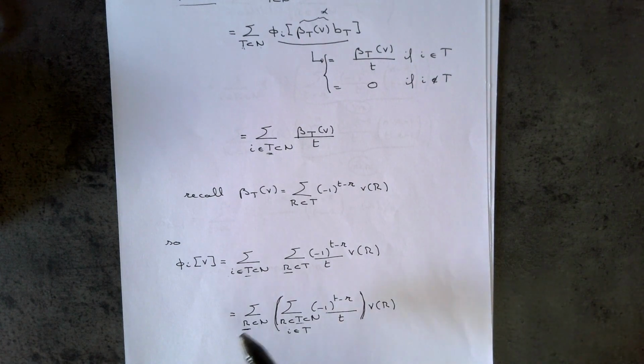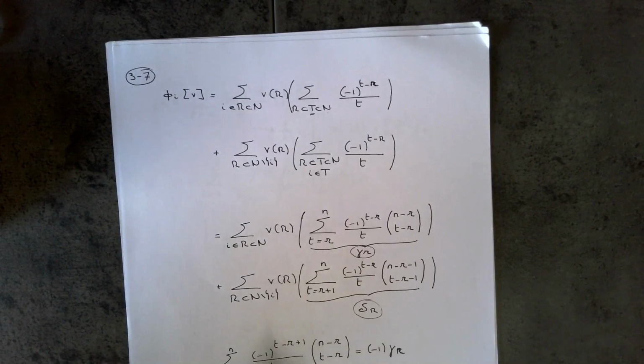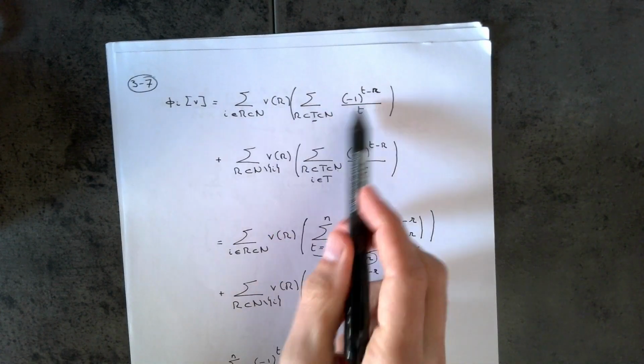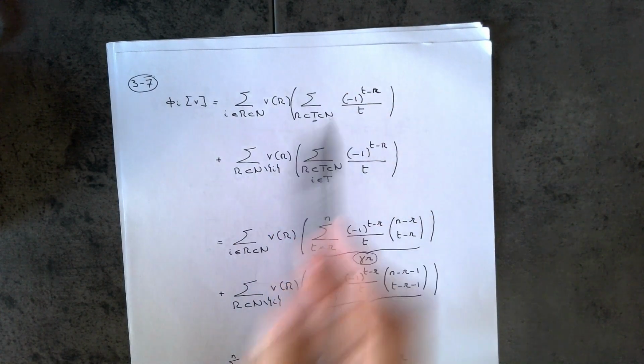So here, what I have is a sum over all coalitions R in N. The first thing I'm going to do is split it up as a sum over all coalitions R that contain i and over all coalitions R that do not contain individual i. So the first sum here is over all coalitions R that contain i, v(R), and then this expression here.